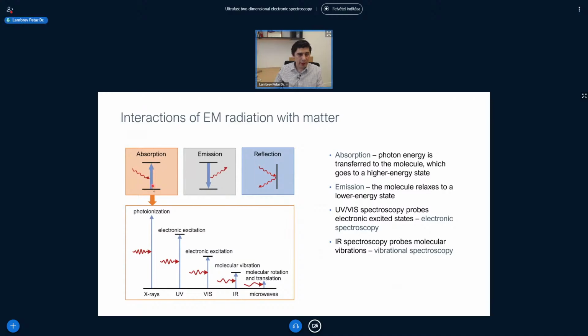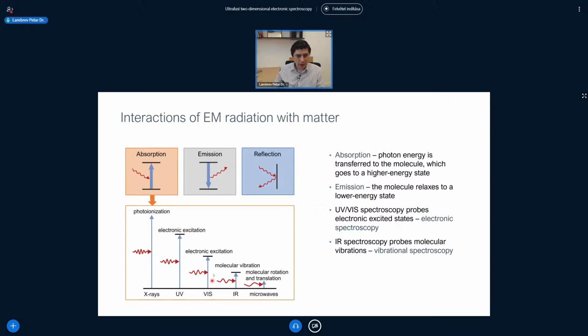So depending on the energy of the photon, the absorption can cause different changes in the molecule, right? If we start with the lowest energy photons of microwaves or infrared radiation, they cause just a molecular rotation or vibration. But we are talking about electronic transitions here in electronic spectroscopy.